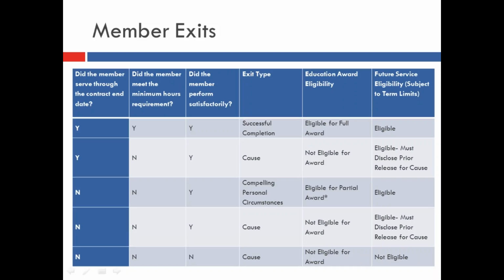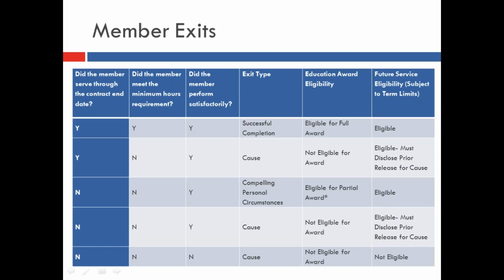The second row is our cause exit. Bear with me as I go through some terminology here. Just for now, I'm going to follow the terminology that is listed in the exit type column of this table. So if this sounds unfamiliar to you, I might know why.